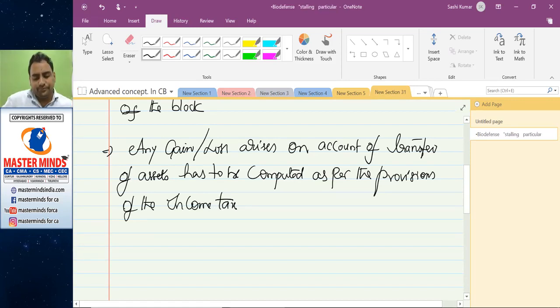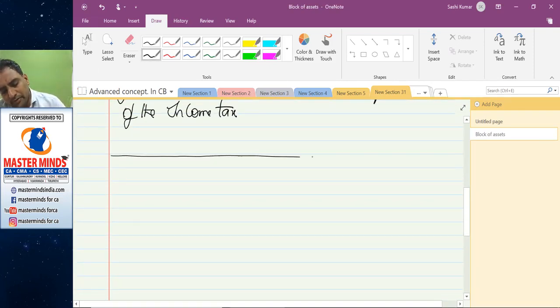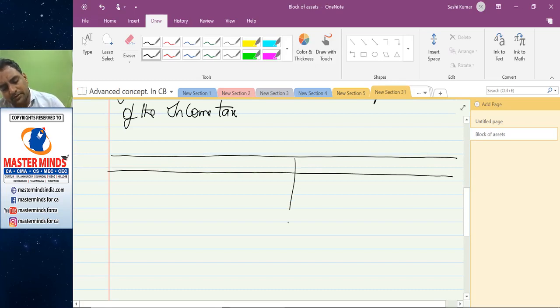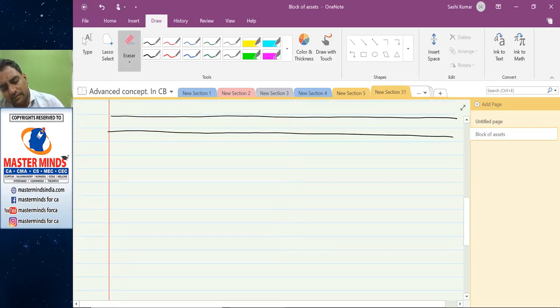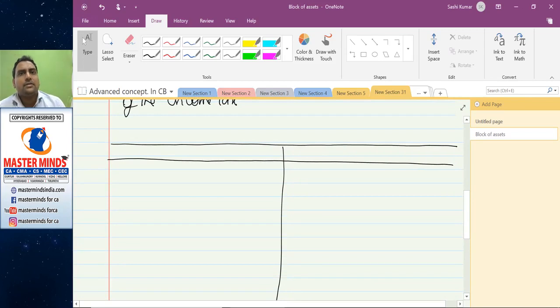So now we are moving to know the method of computation of depreciation and capital gain on transfer of an asset. First we must classify a particular asset into a particular group. Then you have to ensure whether that block has any other assets or not.